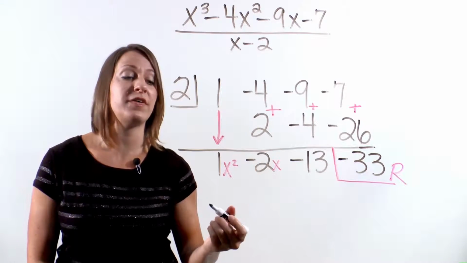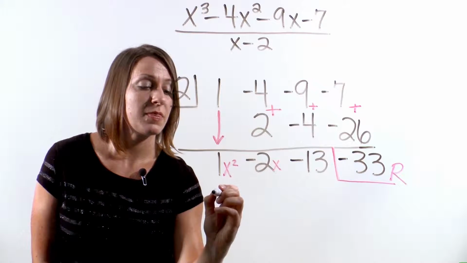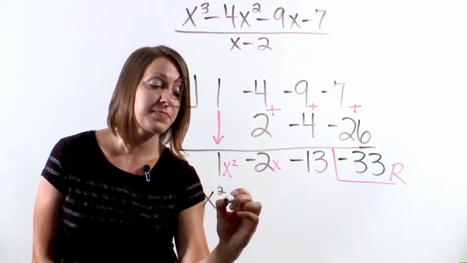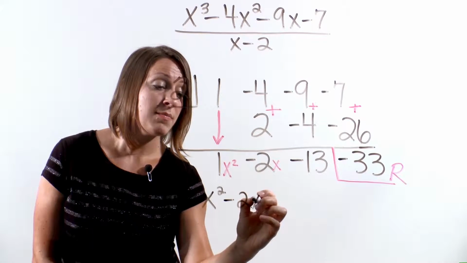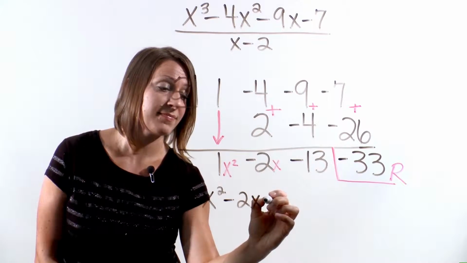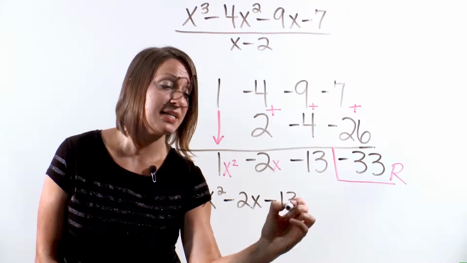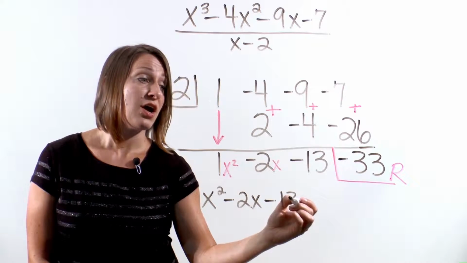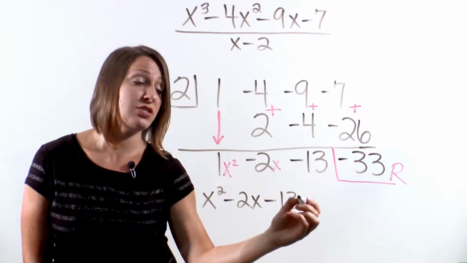So here's how you write your final answer. Our final answer is x squared minus 2x minus 13. And remember how we write our remainders from the long division video.